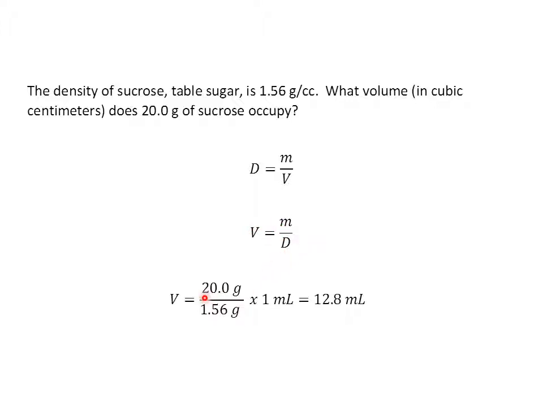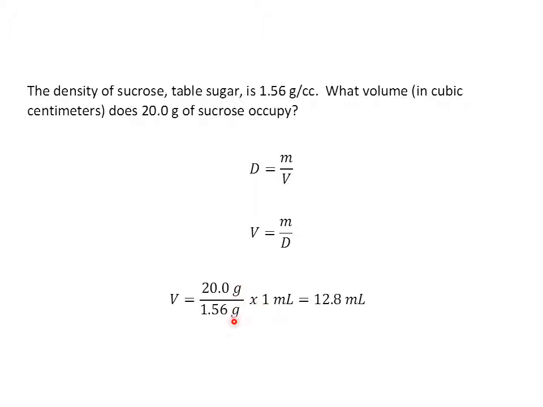Okay, so 20.0 grams divided by the density, which is 1.56 grams per milliliter. So that milliliter will flip up into the numerator, because after all, that's what we're looking for, the volume. So we divide the mass by the density, right?